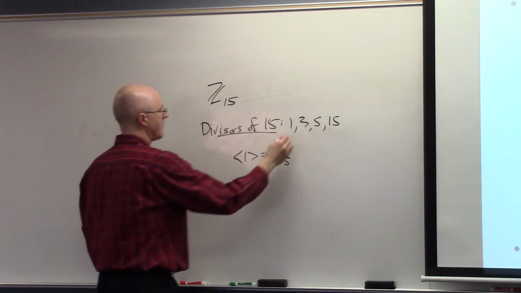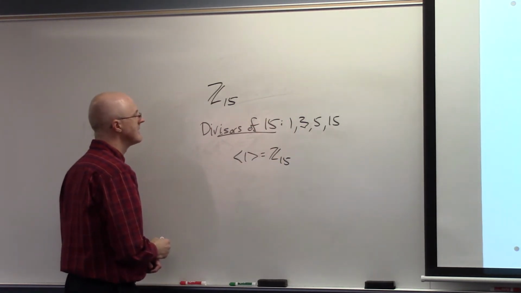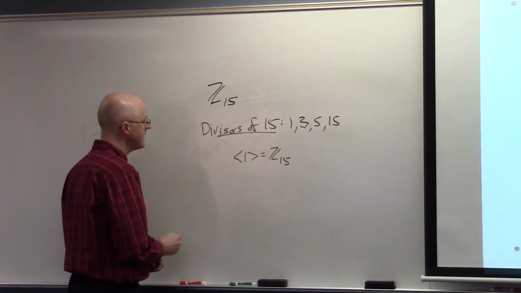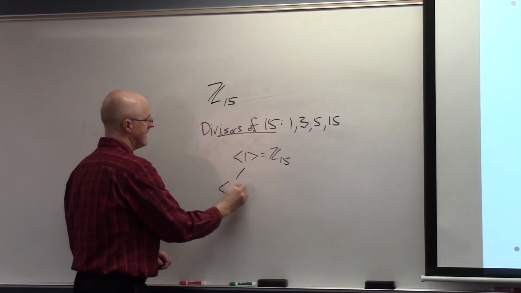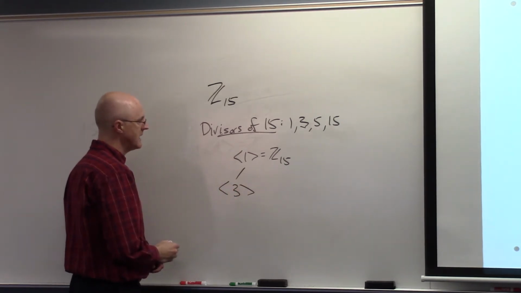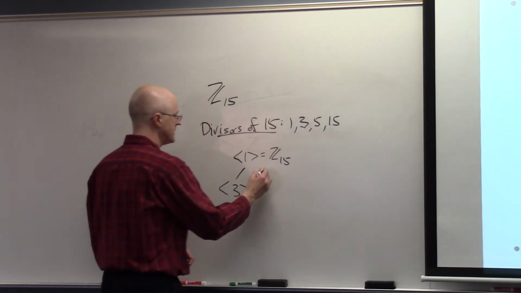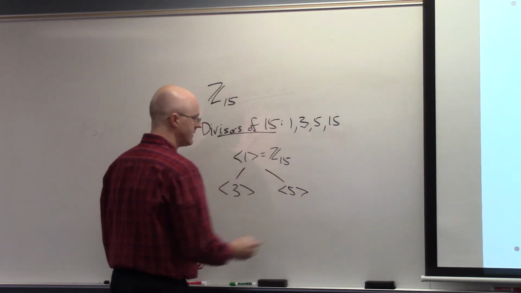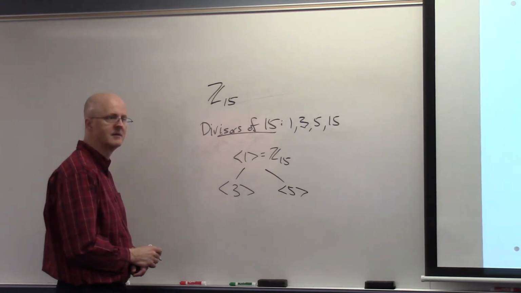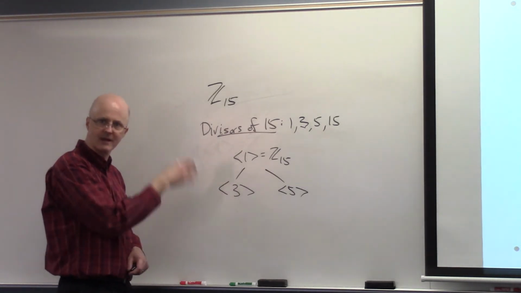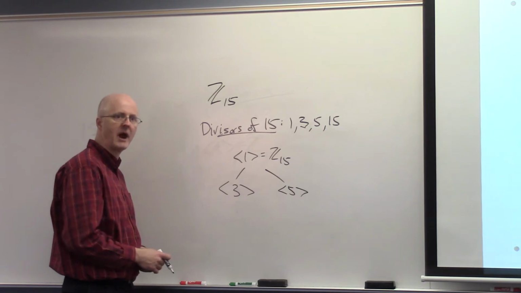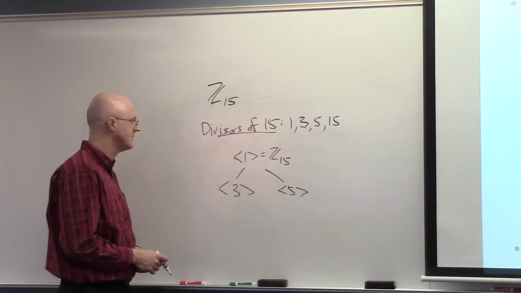The cyclic subgroup of order 5 is generated by the number 3, and the cyclic subgroup of order 3 is generated by the number 5, and neither is a subgroup of the other, so you should structure it more this way. Not a vertical kind of structure, not a linear structure, but a branched tree.